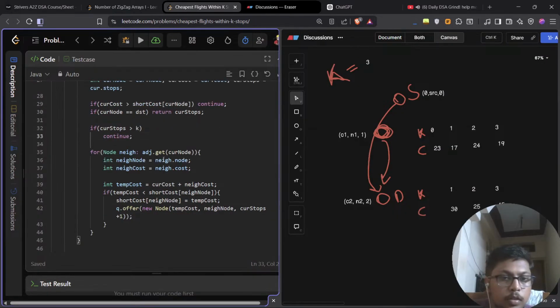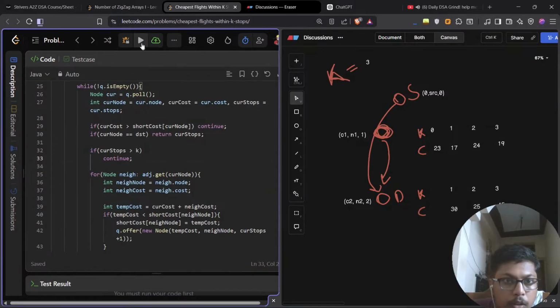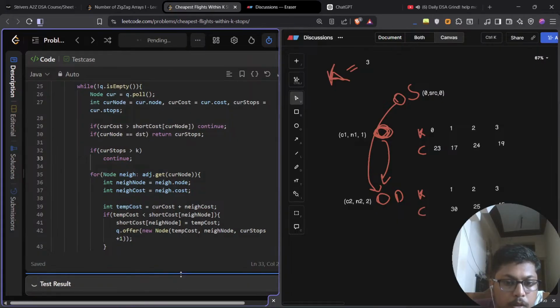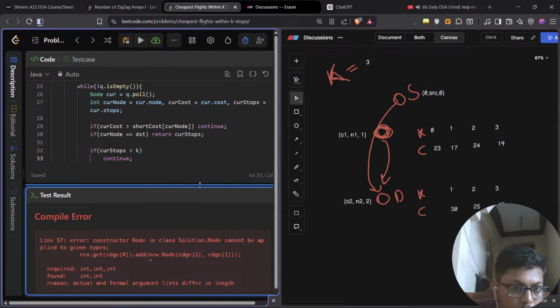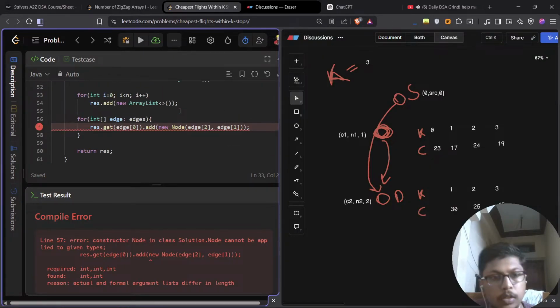That's it. Some paths could actually be rejected, so this is what we would try to attempt. Let's see first how many issues there are. Yeah, of course, there are some issues. Okay, I understand that.